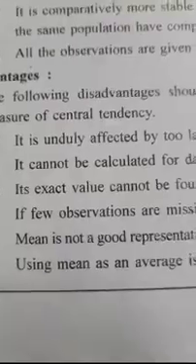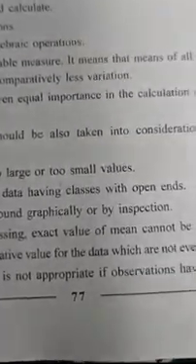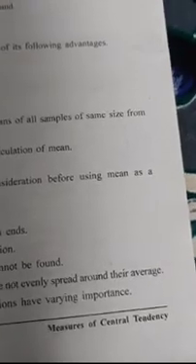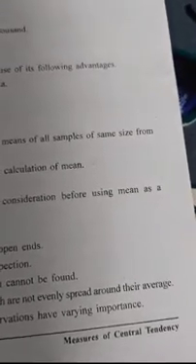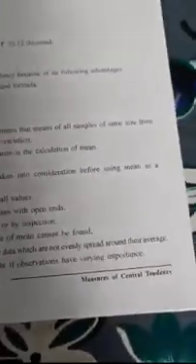If from the central tendency, the other numbers are separated or moving very far, at that time we cannot find mean. Then, using mean as an average is not appropriate if observations have varying importance. Varying means different importance is given to each and every data, then this method we cannot use.